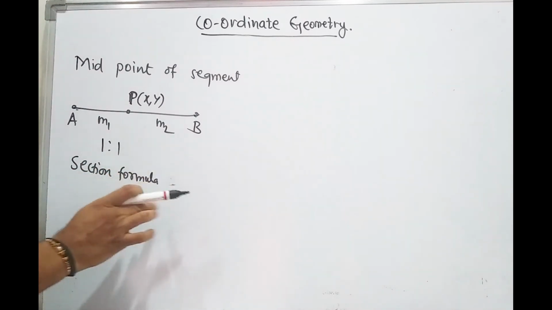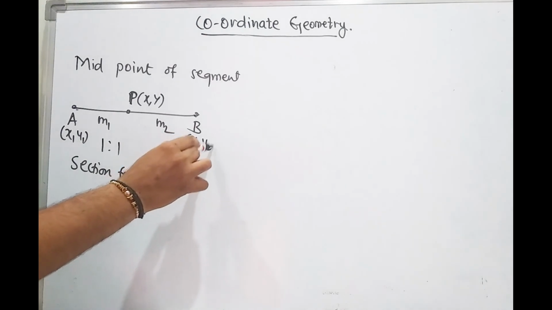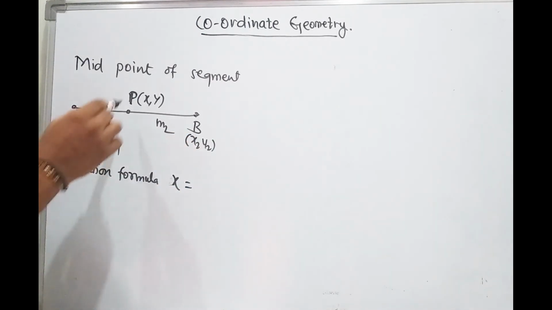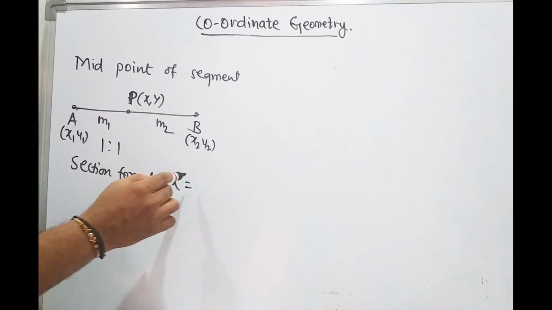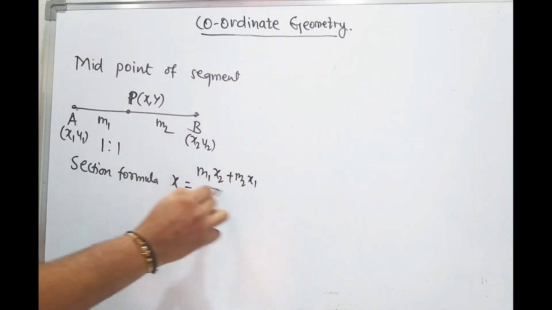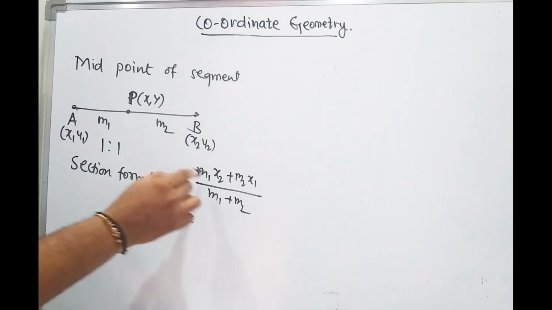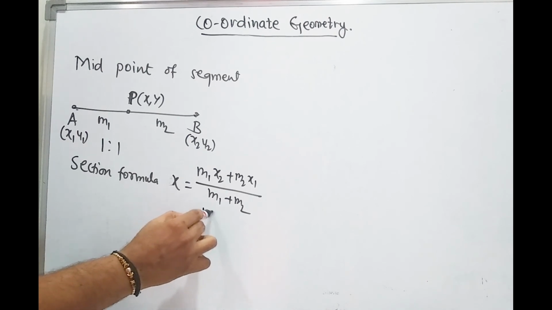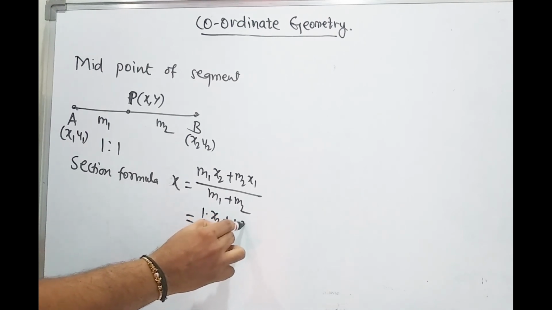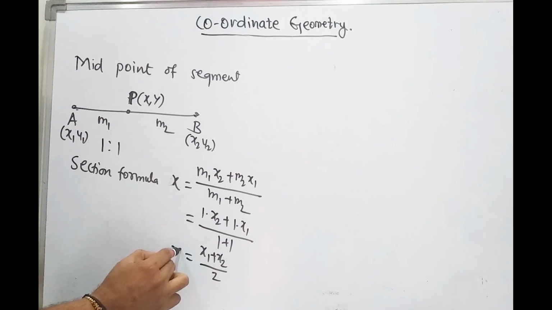So how will you write the coordinates of x? This is x1, y1 and this is x2, y2. So write the coordinates of point P as x is equal to m1 x2 plus m2 x1 upon m1 plus m2. Now m1 means it is 1 into x2 plus 1 into x1 upon 1 plus 1. So x1 plus x2 upon 2.